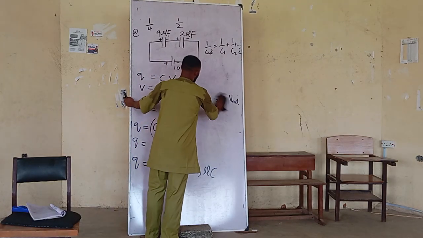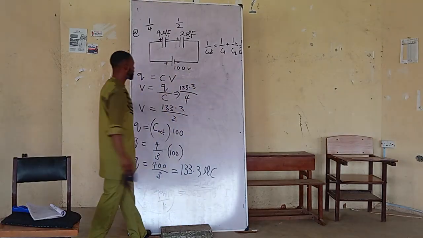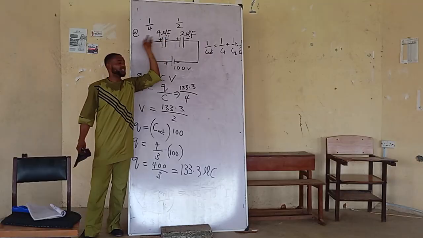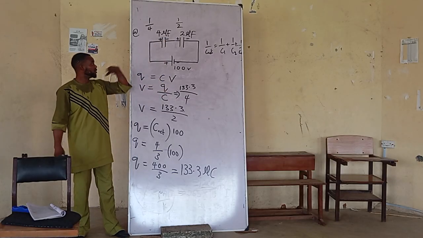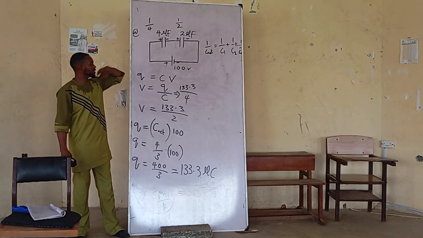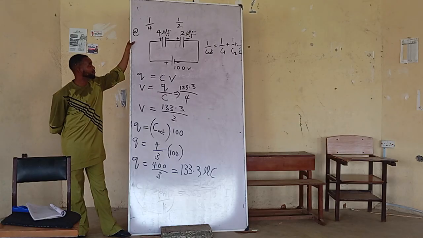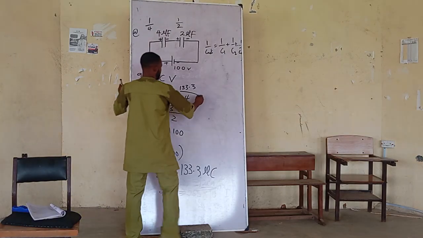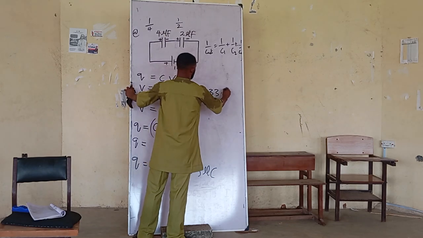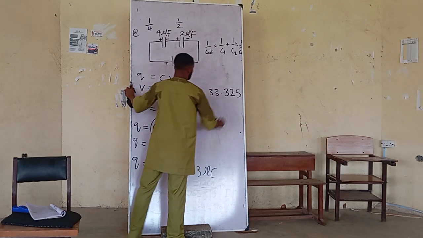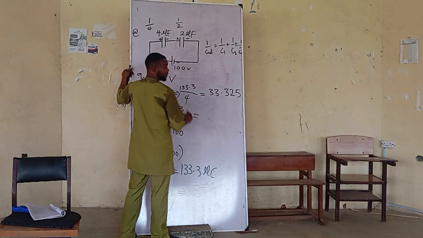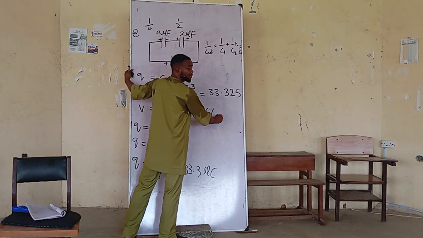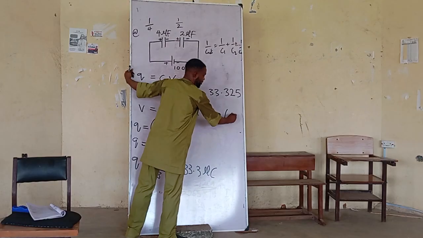There are so many ways I can go about this. Since the charges are the same, the first one gives 33.325. The second one, 66.6.